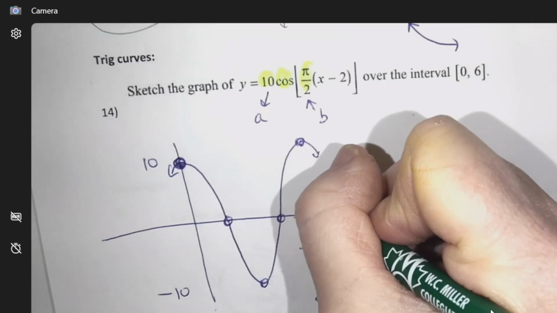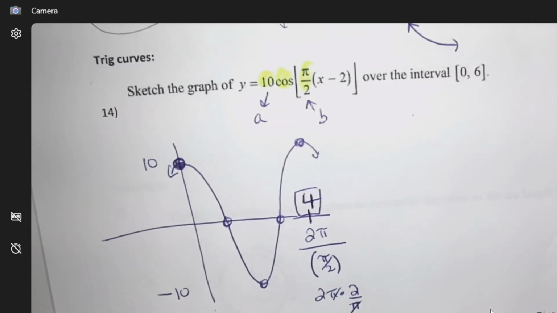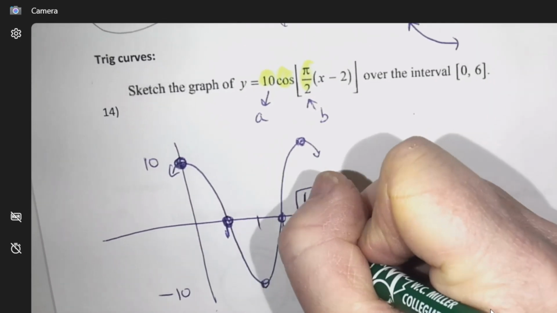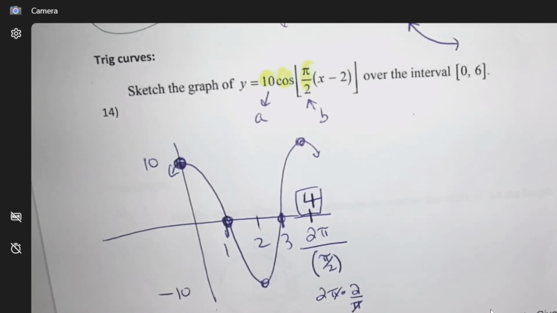Now this is a 4. 2 pi, divide by b. Oh, this is nice math. What is the tick mark here, here, here, here now? 1, 2, 3, 4. That makes it nice.